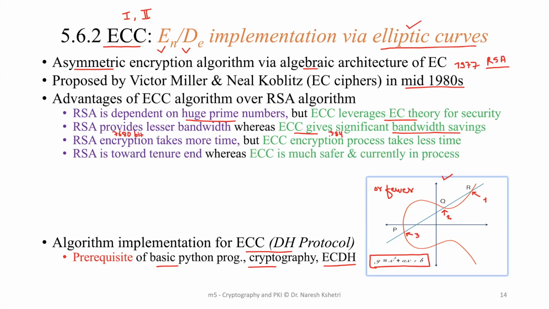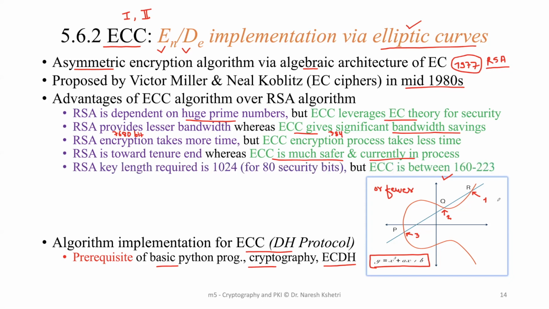RSA, as we have already seen, was developed in 1977. It is towards the end of its tenure, and there have been several successful attacks on RSA. ECC has also been attacked but is considered more powerful and safer, and although developed almost 8 years later, it is still considered strong today because of the power of elliptic curves.